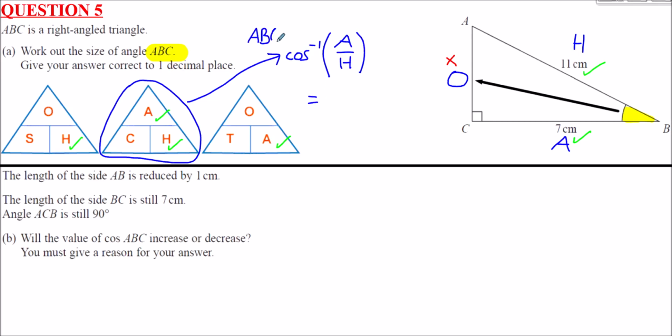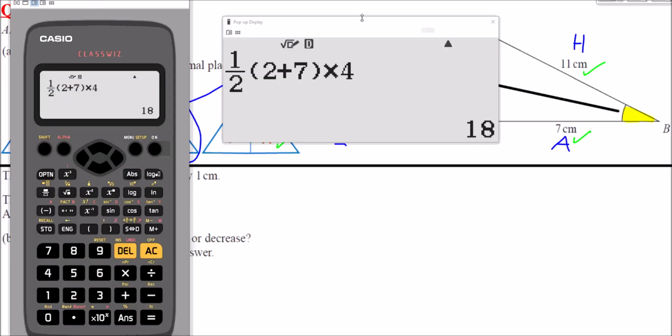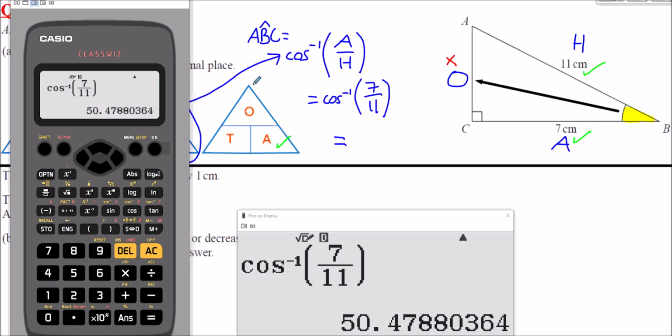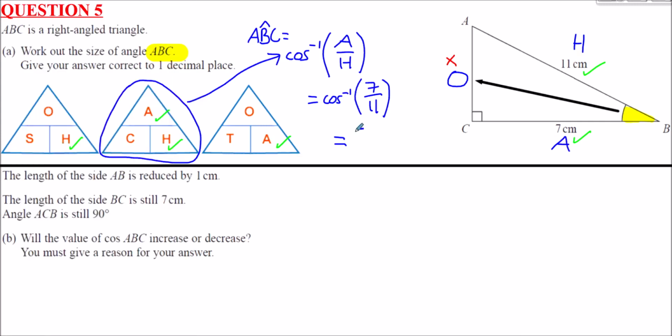So ABC is cos minus 1 of A over H. So A is 7, H is 11. 7 divided by 11, cos minus 1 of that. Let's see what we get. So shift cos minus 1, 7 over 11. We get 50.5 degrees, correct to 1 decimal place.